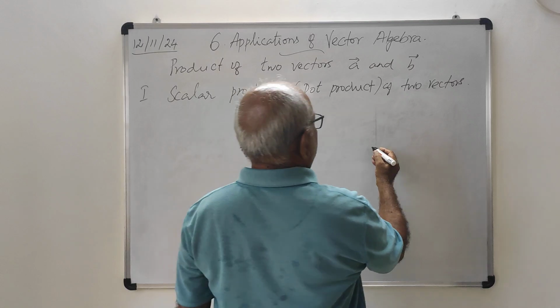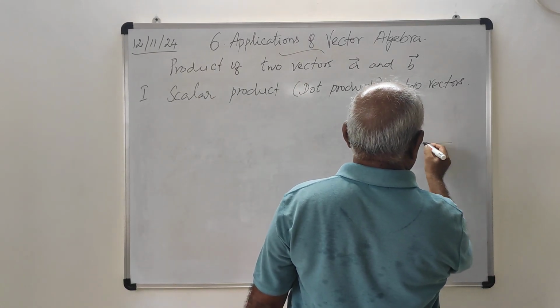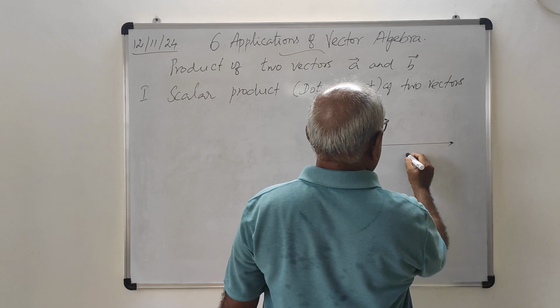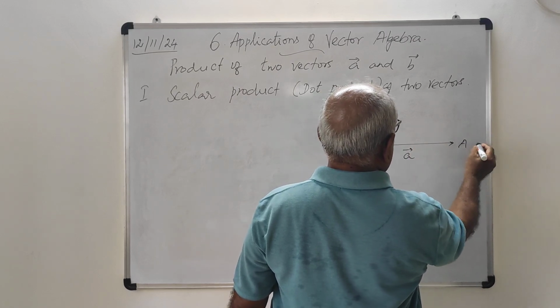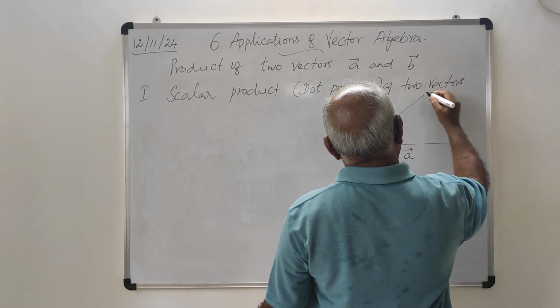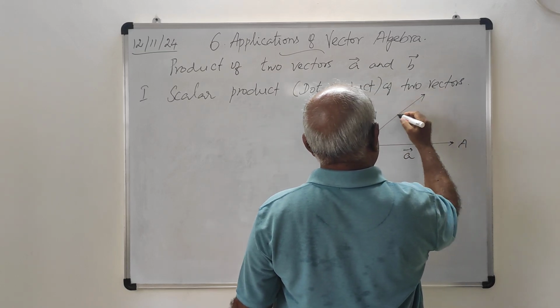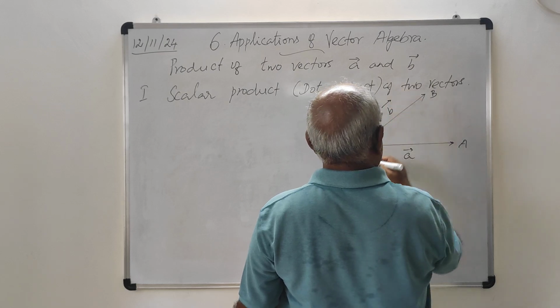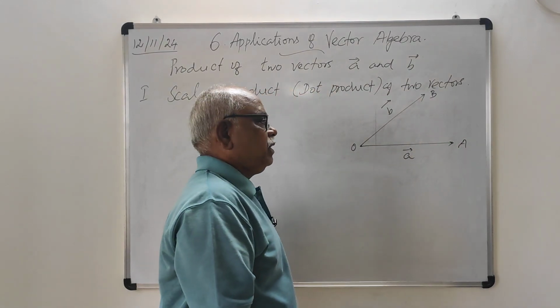See, now you consider OA in the direction of A. OA is vector A, and O is the point of origin.